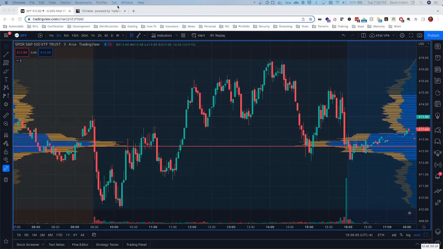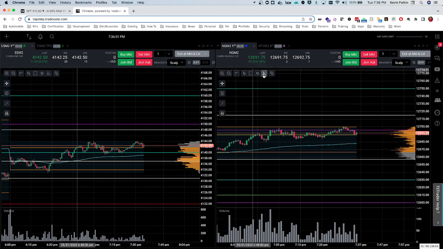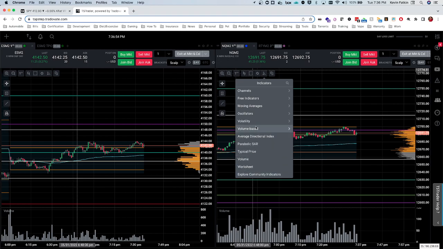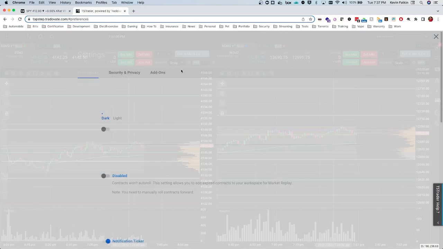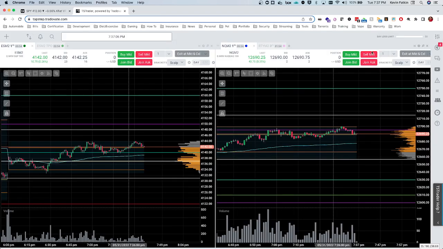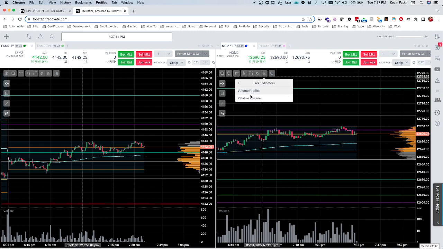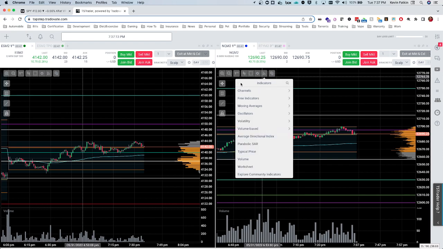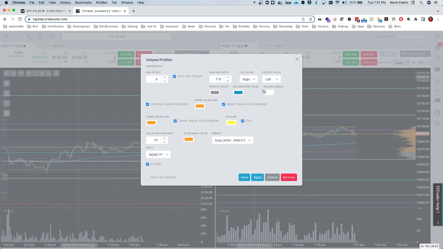And then lastly, if you're using Tradovate, then the way you would set that is under indicators. You actually need to go into add-ons first, and if you go into your add-ons, you can install the free indicators, and then once you've installed the free indicators, you can go under free indicators and say add volume profiles. That's going to add this to your screen, and it's the same deal where you can set the session.